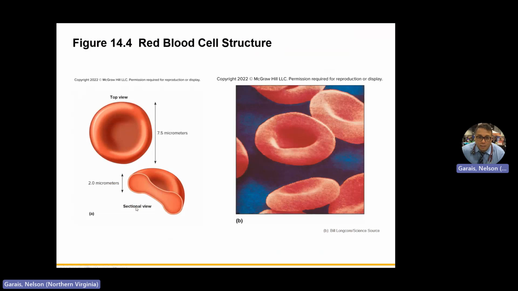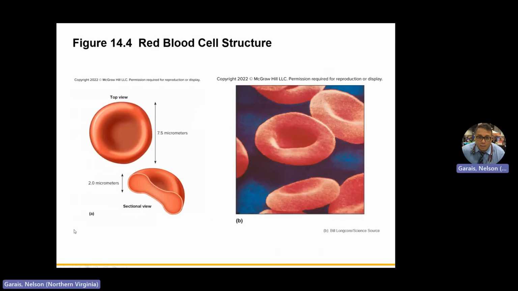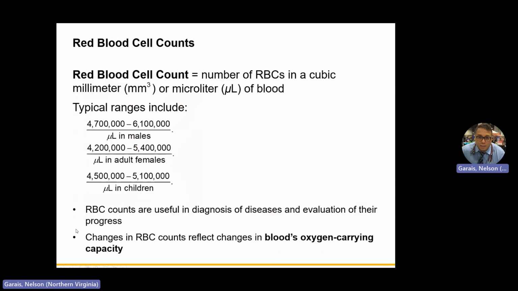There's two of them, hence the term biconcave disc. There's no nucleus, therefore there's no mitochondria, right? Therefore they don't divide, they just die off every 120 days. And you make new ones inside your red marrow in response to erythropoietin, which we'll talk about momentarily.